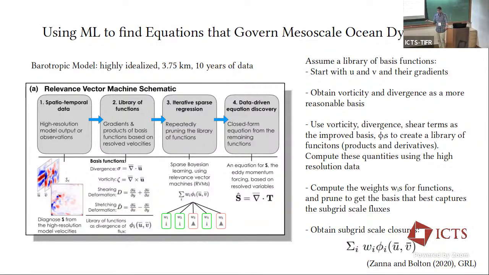So if your Wi is small, that means the contribution of that particular function is not significant, and then you can kind of ignore it. So this shows here that once you train, you get mean and variance for your parameters Wi, and then based on that you decide which function matters, which doesn't.